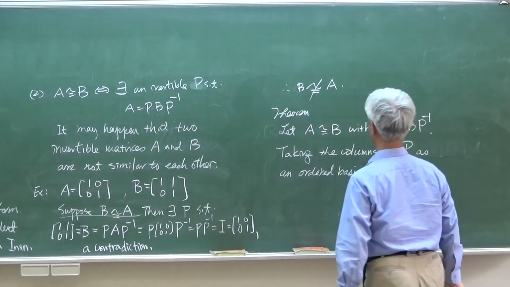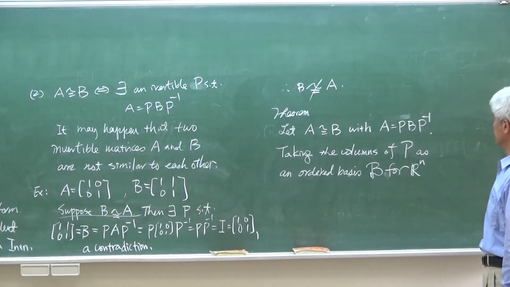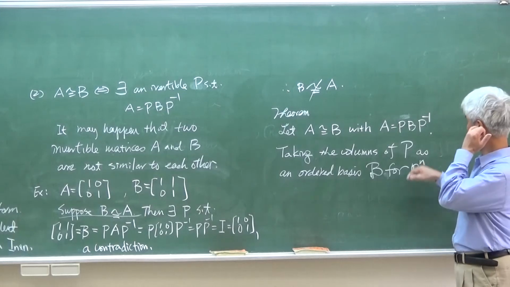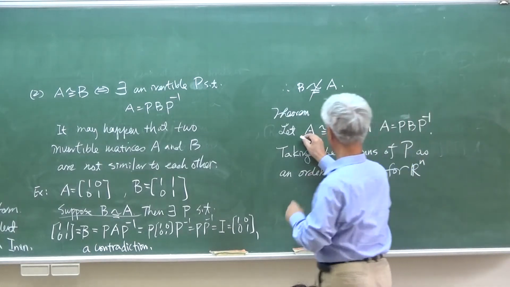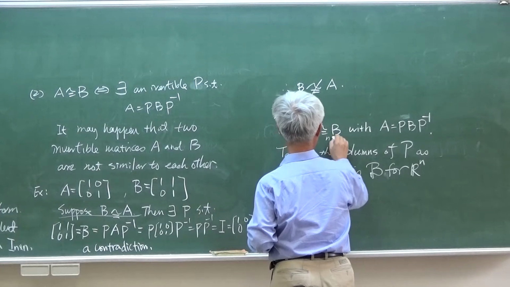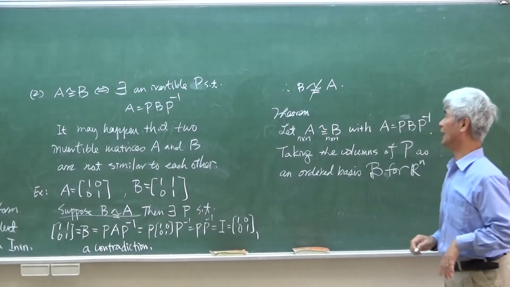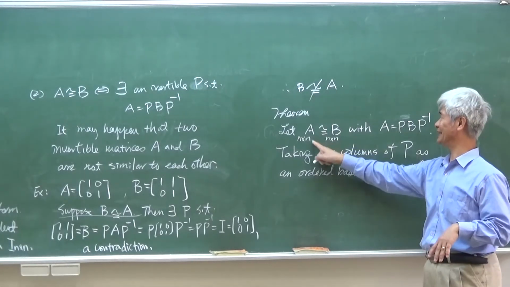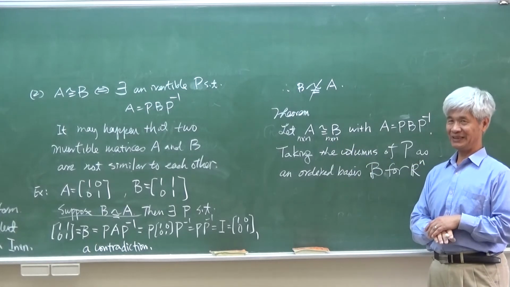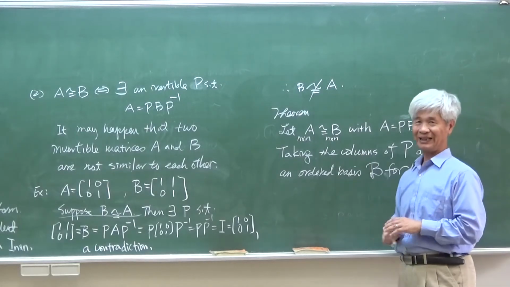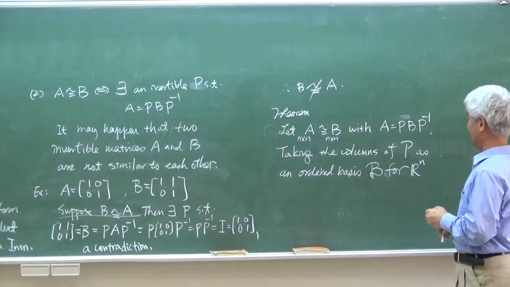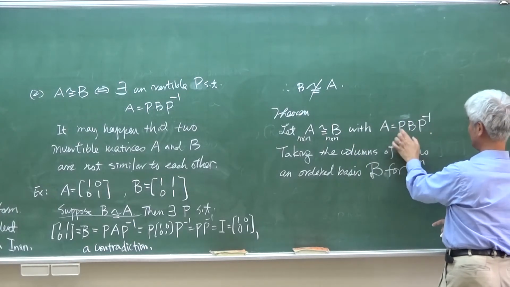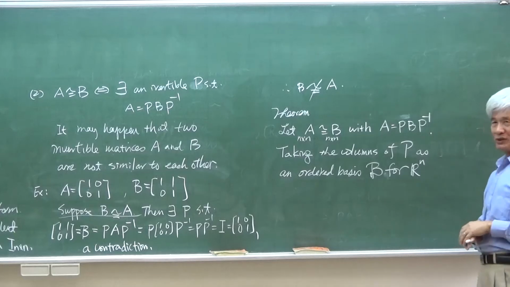Because P is an n by n matrix, I have to indicate the dimension. I use this notation to say that A and B are n by n matrices, so they are related by an invertible matrix P here.